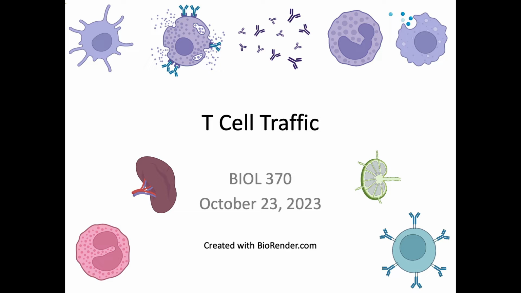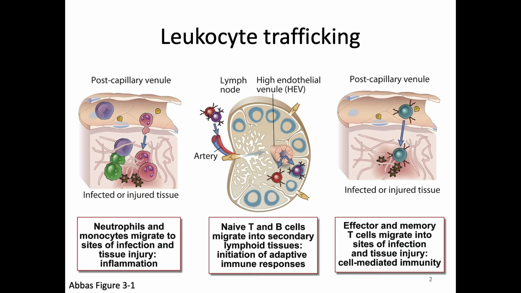So today, officially, our topic is T-cell trafficking. Though, as I mentioned to you, the process of trafficking that we're talking about here really is a more general process that leukocytes use. I'm putting the topic here in our discussion of the immune system in that we're thinking about naive T or B cells getting to the secondary lymphoid organ so that they can start a response.